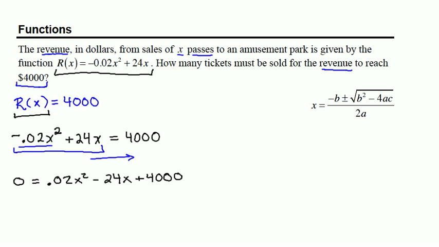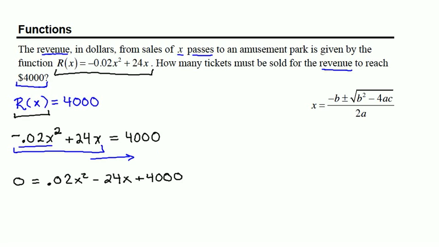We can clear decimals if we wish in this problem. Clearing decimals would involve multiplying both sides of this equation by 100, so that we would get rid of the 0.02 and it would become 2x squared. However, it would also make this 4,000 become 400,000. So I personally would leave the decimal numbers in here, to prevent numbers that are so big that it's hard to keep track of how many zeros you have.